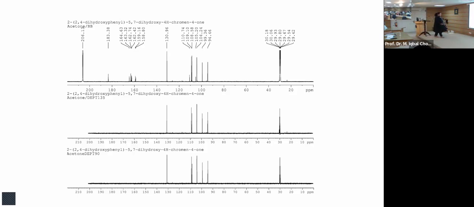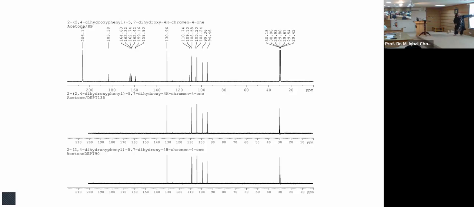Okay, so if you identify this chemical shift, make a list, and compare, those carbons which do not appear here and here, this is DEPT 135 and DEPT 90, that means they are quaternary carbons, right? Because only broadband has the quaternary carbon.